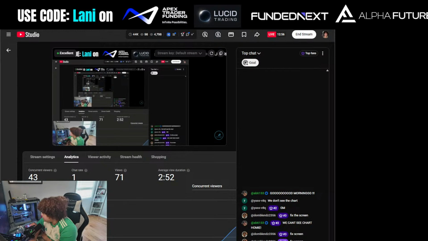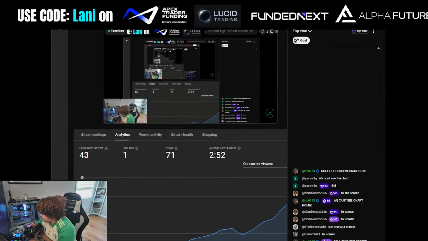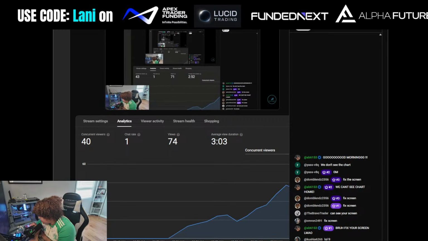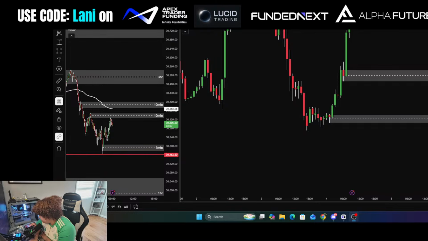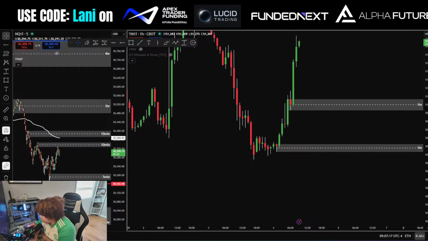Big screen. Why is the screen like this? Huh. I've never had that. Wait, what? Display. Automatic. That's so weird. I don't even know how that happened.